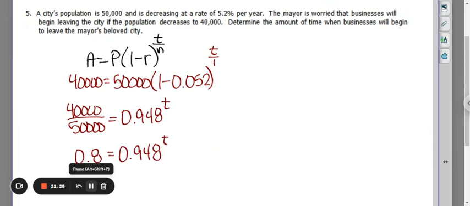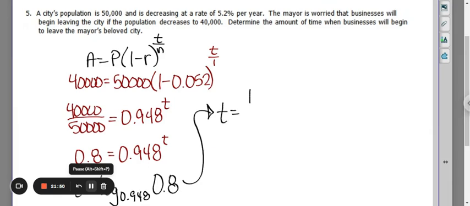Well, we need to find that exponent. So the only option is to rewrite it as a logarithm. Log base 0.948 of 0.8. Then the common logarithm means it's the log of 0.8 divided by the log of your base.